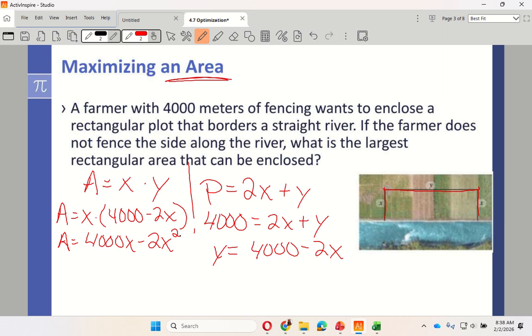All right, let's go ahead. So A prime of x is equal to 4,000 minus 4x.